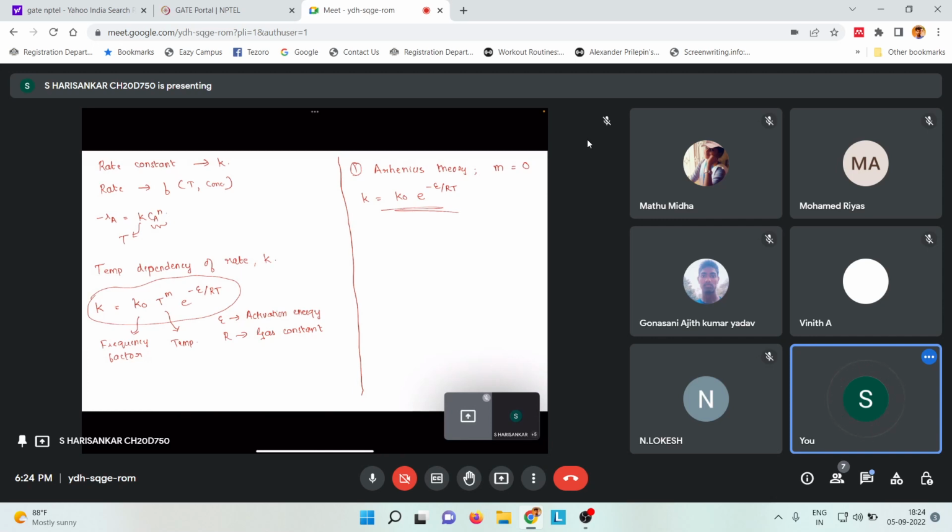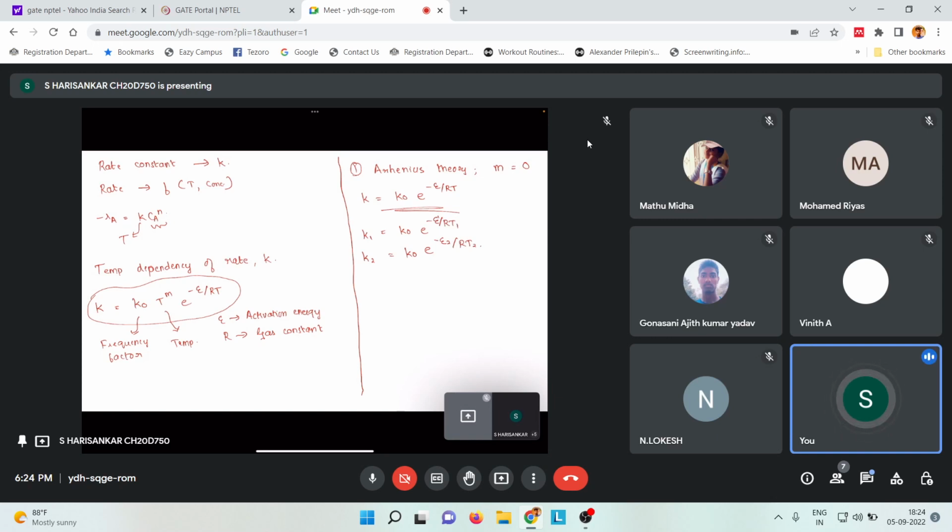Okay. Now we can even take a case like this. We have a rate constant k1 is equal to k0 e raised to minus E1 by RT1, and k2 is equal to k0 e raised to minus E2 by RT2. Let's say k1 and k2 are reaction rate constants of two different reactions.